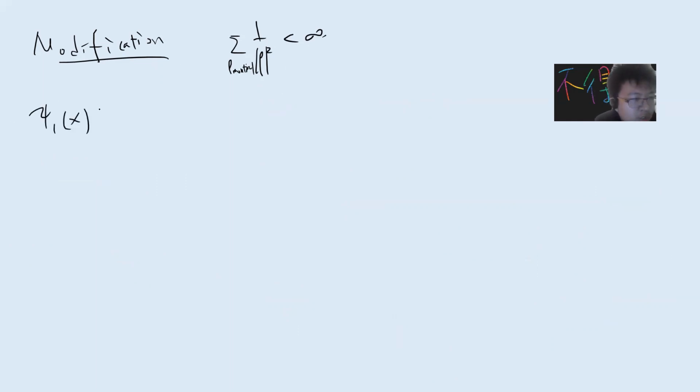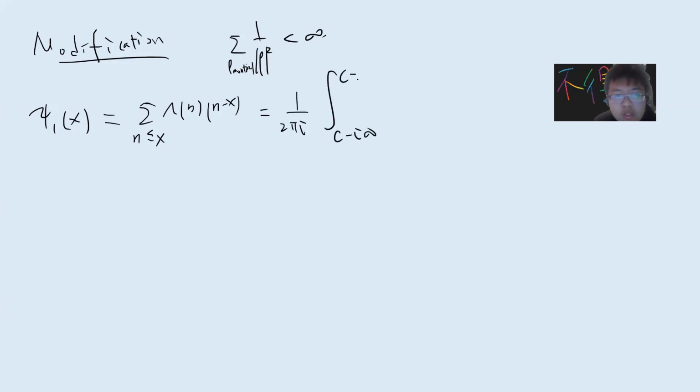One can define psi1 of x to be the sum of lambda(n) times (x minus n), summed over n less than x. And the second main transformation, proved in my previous video, is 1 over 2 pi i times the integral of minus zeta prime of s over zeta of s, times x to the s plus 1 over s times (s plus 1), ds.